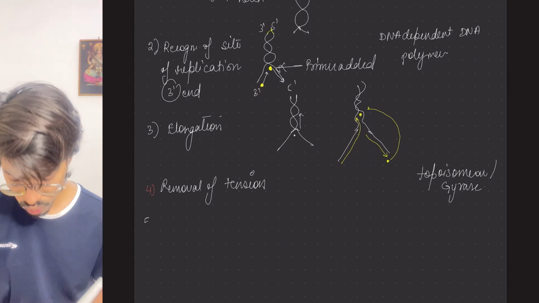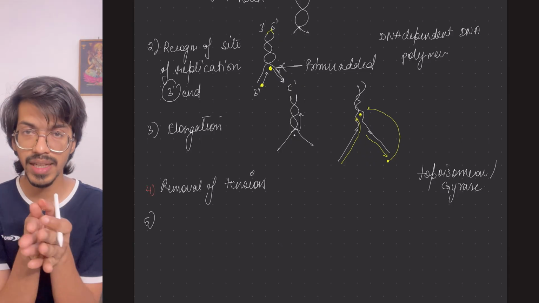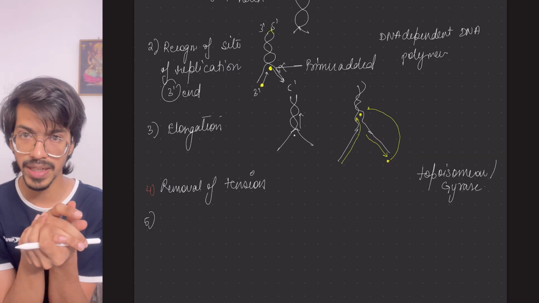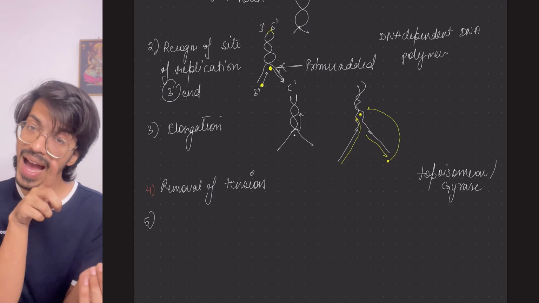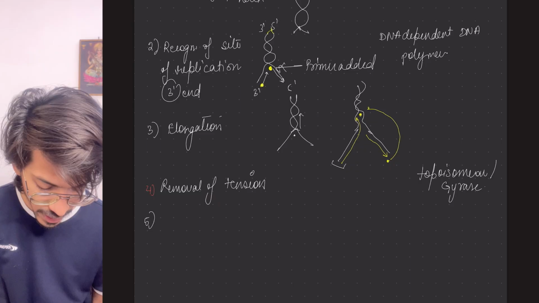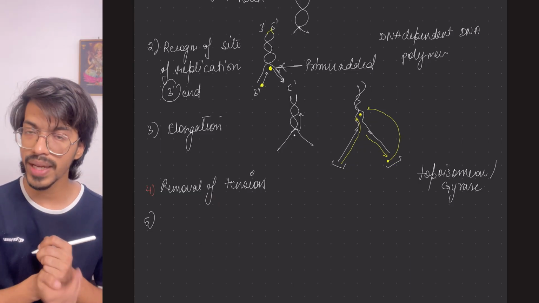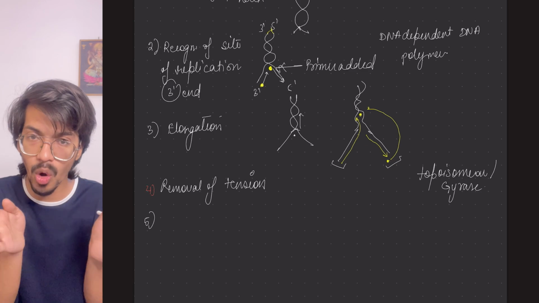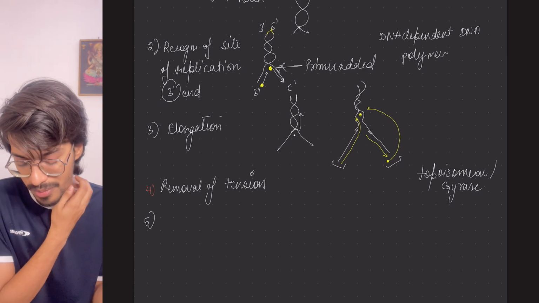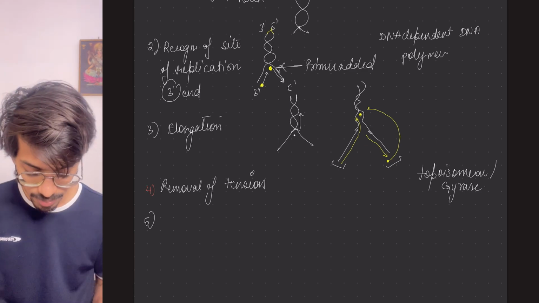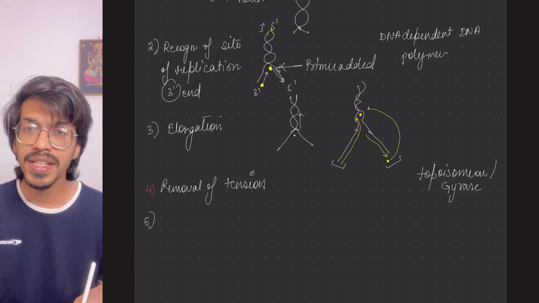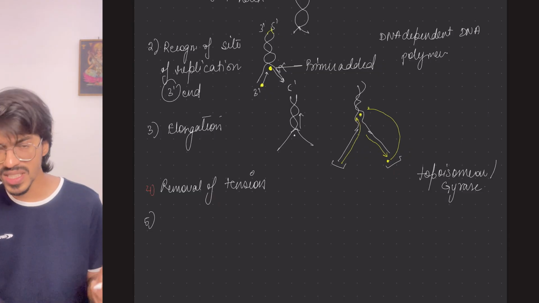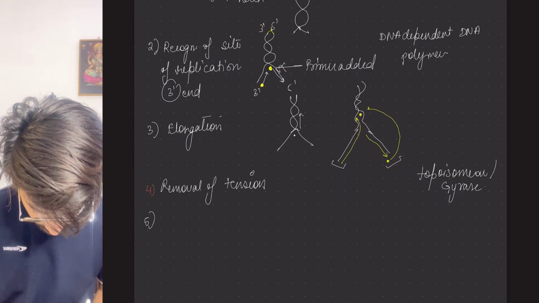The next thing is what? When this has been opened up, there are chances that it can recoil, meaning the process is not completed. So we don't want that. As well, we want these two to be individually recoiled with the new complementary part, the yellow color one that we have made. So this thing will be done by what? Another enzyme called what? SSB protein, single stranded binding proteins or stabilizing proteins.